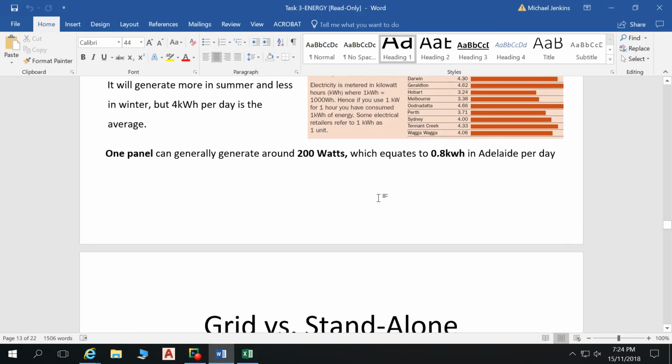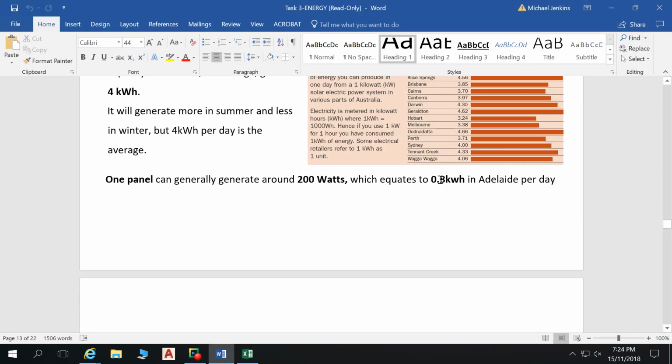If we refer back to this, each panel is going to produce 0.8 kilowatt hours per day. So let's say we can get 300 panels onto that roof. So 300 by 0.8, maybe people do that in their heads, I'll have to use my phone. So 240 kilowatt hours per day.